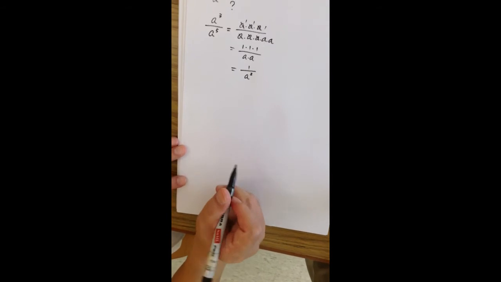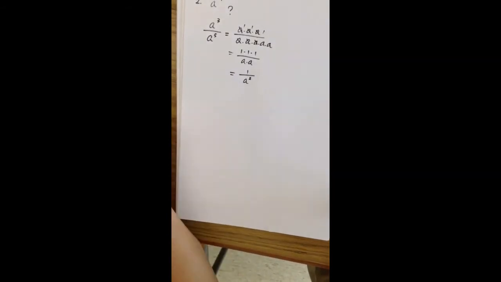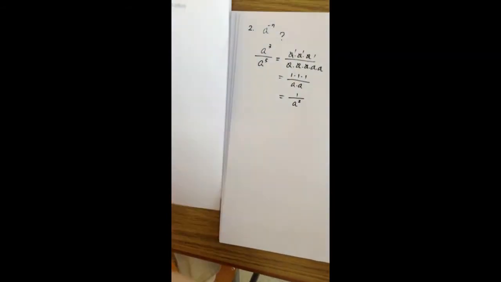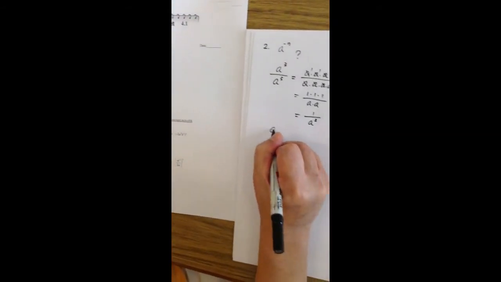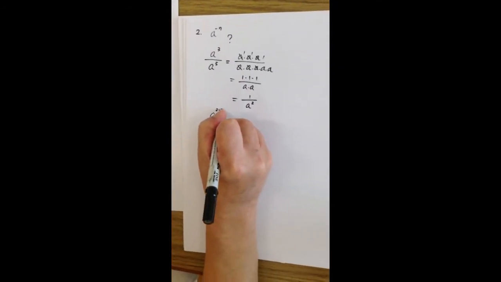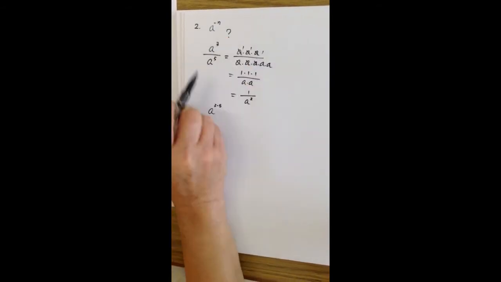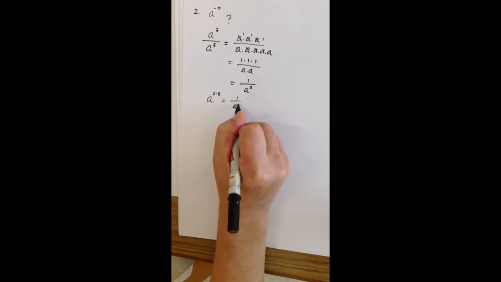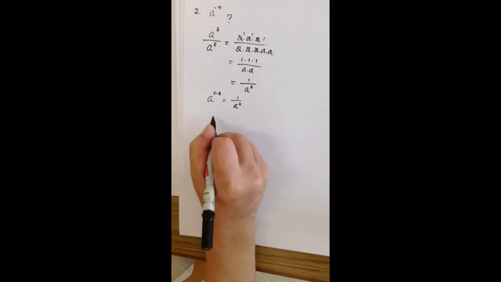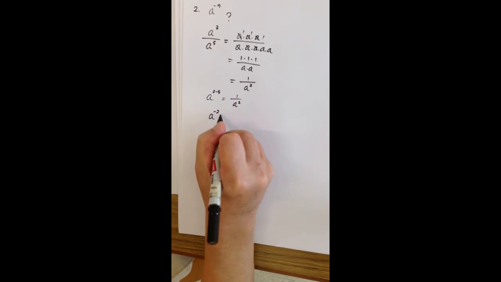But if you use the formula you have learned before, formula 2, we can directly get the answer, 3 minus 5. Therefore, on the left hand side, it is a to the power negative 2.